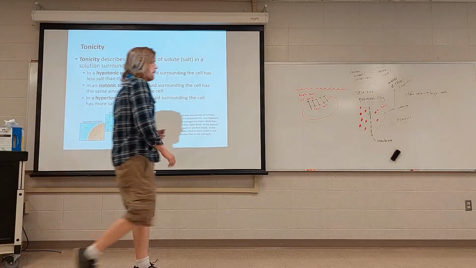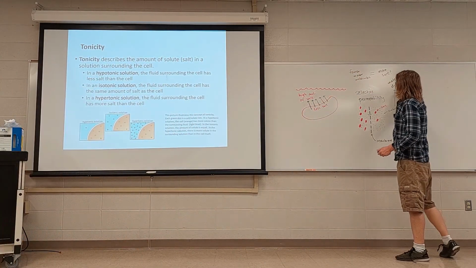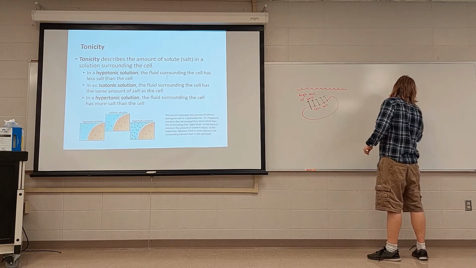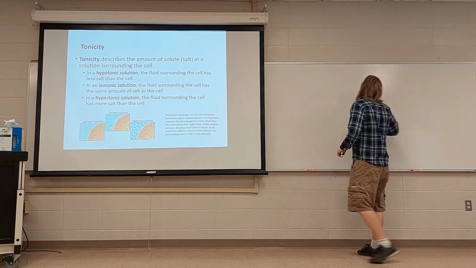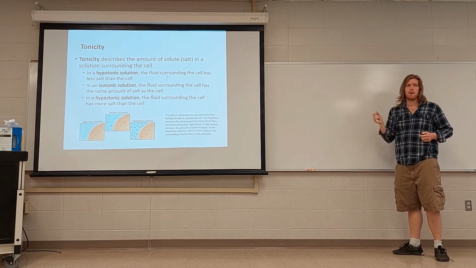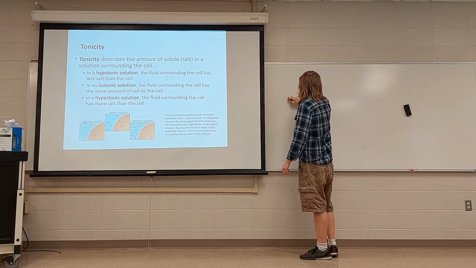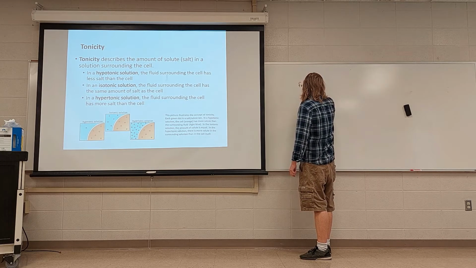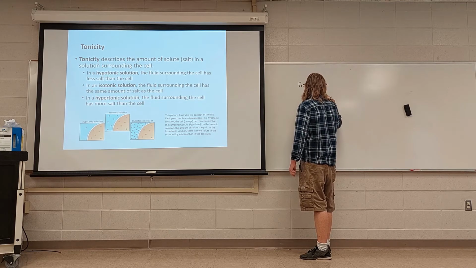Tonicity has to do with the amount of salt relative to what is within an organism's body. So I'm going to use fish as an example for this. So let's start with a freshwater fish. Let's draw a fish up here.